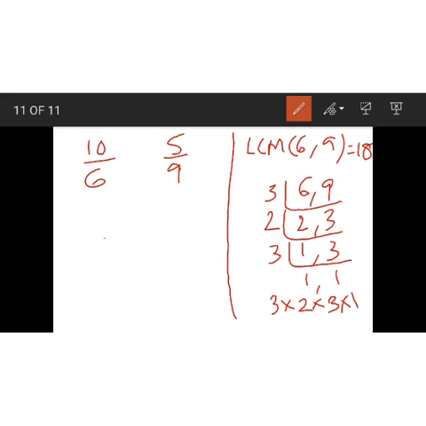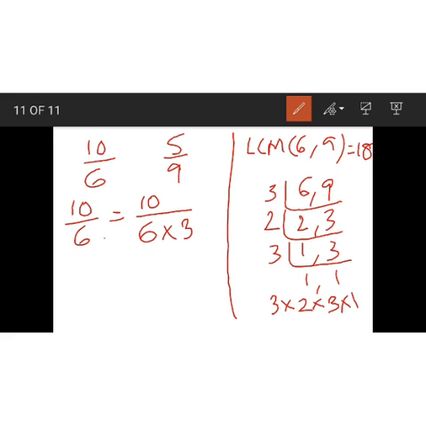Now we have to find the equivalent fraction of the first fraction, that is 10 by 6. The denominator should be 18. So in order to convert the fraction, we have to multiply both the numerator and denominator by 3. Why is it 3?